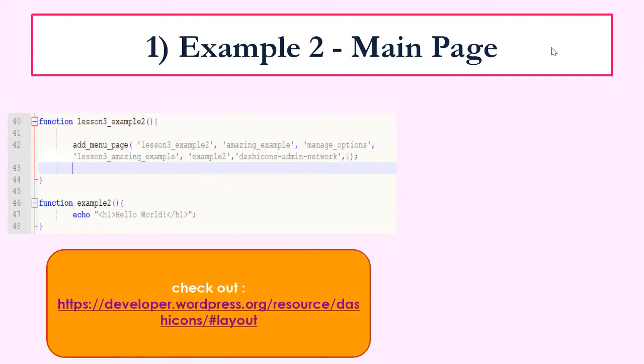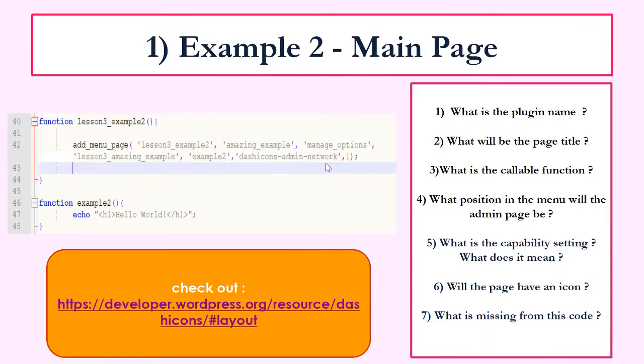So you can just copy that directly into this parameter, and then that icon will appear in your menu page. So now that we understand a little bit more about the code, let's see if we can answer the questions. So again, pause the video, and then we're going to go through them together.